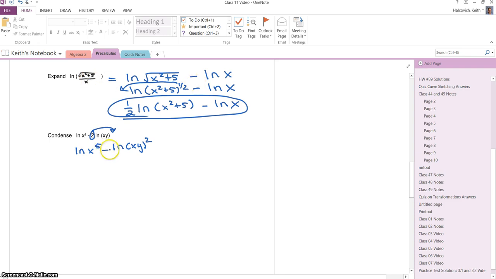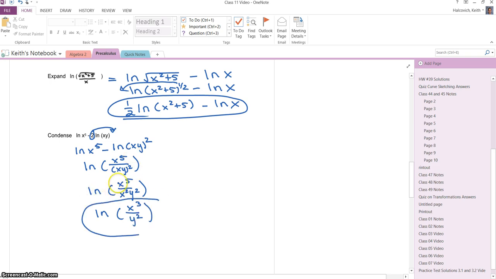So when you subtract, you can roll it back to division. So it's going to be ln of x to the fifth over xy squared. Well, xy squared is the same as saying x squared y squared. And remember, x to the fifth over x squared becomes x to the third. So that is the condensed version.